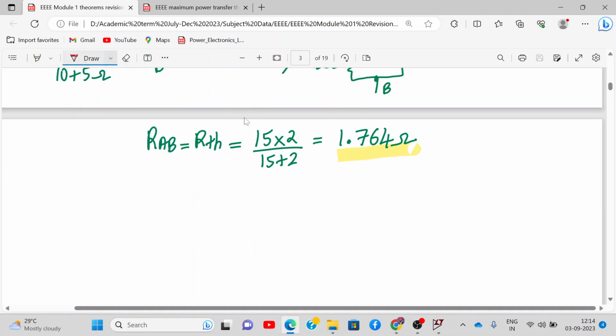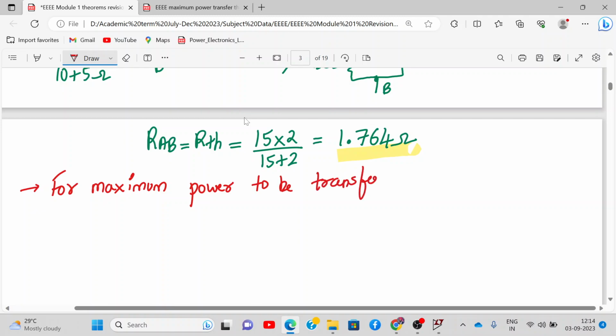So write a statement over here for maximum power to be transferred from source to load. What do we say?